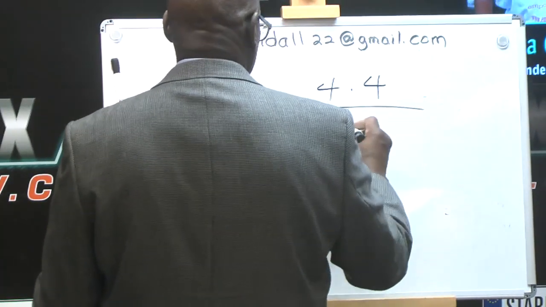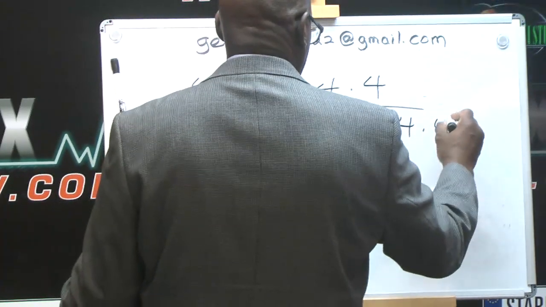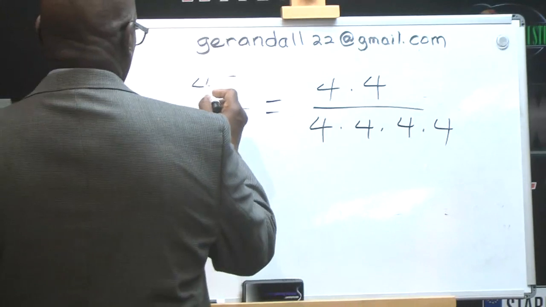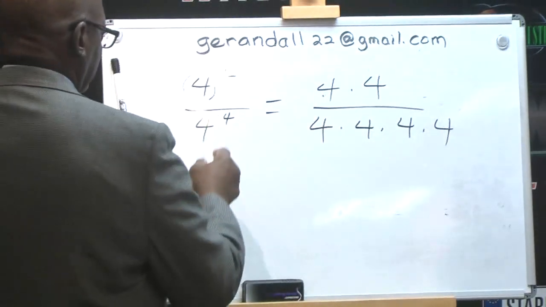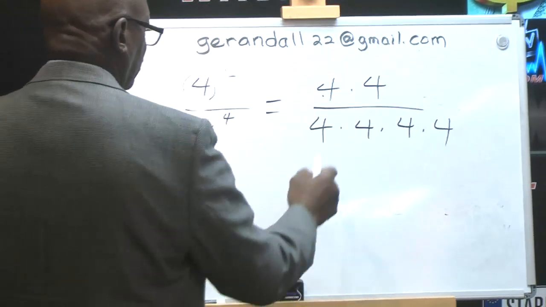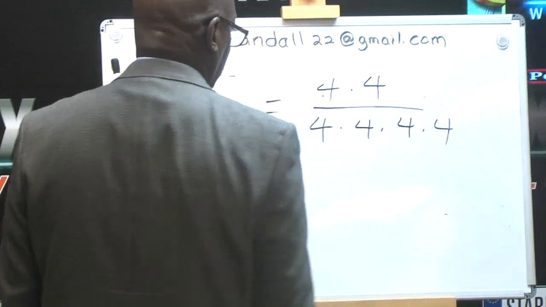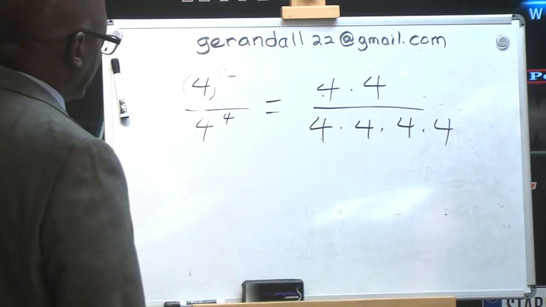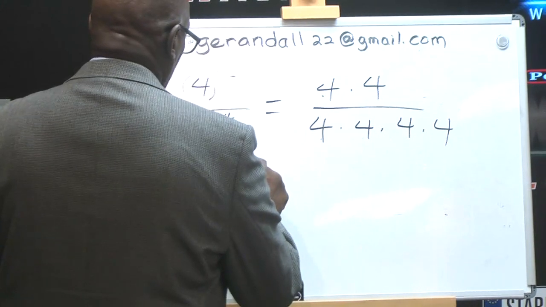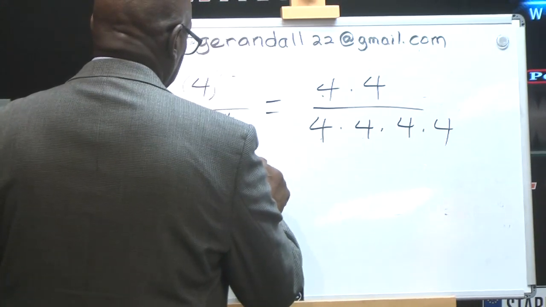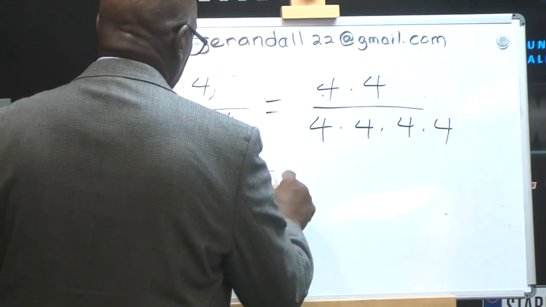I've rewritten that, the base 4 expressed 4 times 4. That's the base to the fourth power, 4 times 4 times 4 times 4. And in subtraction, when we do this, or division with whole numbers, let's say we had that.